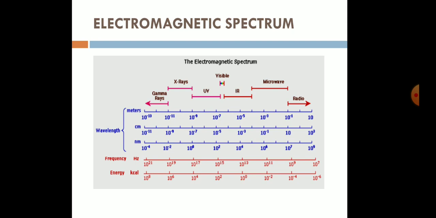So as we are moving from left to right, the energy of these radiations is decreasing, the frequency is decreasing, but the wavelength is increasing. So as we move from left to right, the wavelength is increasing, frequency is decreasing, wave number is decreasing, and energy is decreasing.